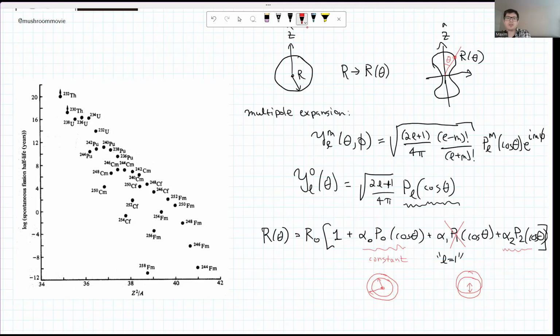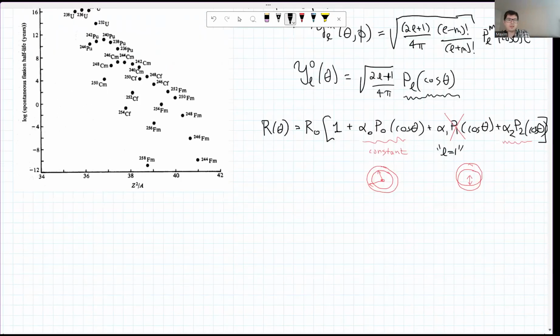volume. So we know that the nucleus is largely incompressible. So that means if it deforms, if it goes from this kind of shape to some other kind of shape like this, it has to conserve volume.